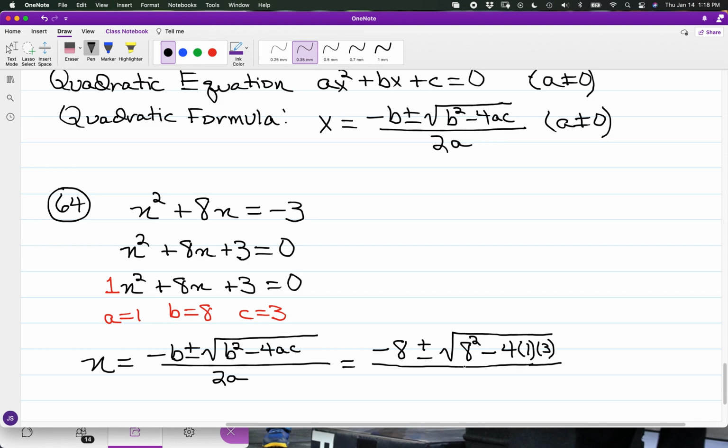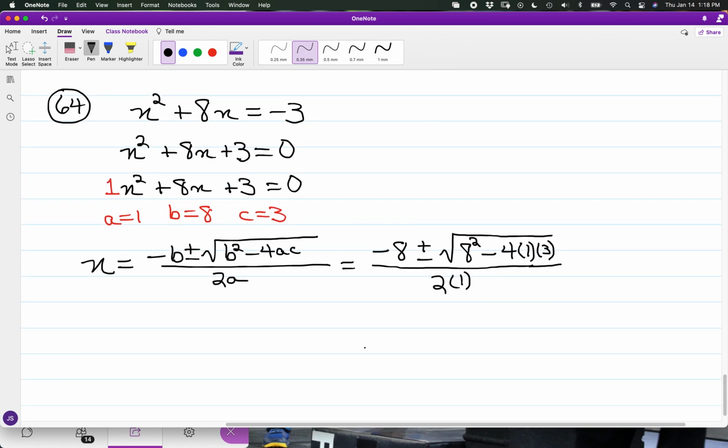And we have all over 2a, so that's 2 times 1. Okay, so we have negative 8 plus or minus, now 8 squared is 64, and negative 4 times 1 is negative 4, negative 4 times 3 is negative 12, and we have all over 2.